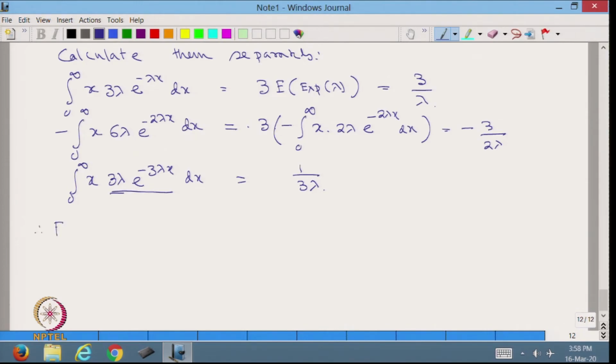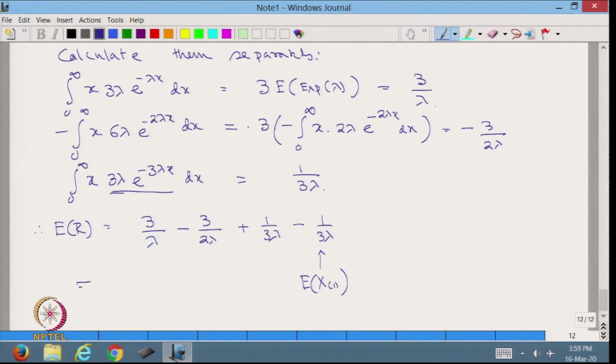Therefore, expected value of range is equal to 3 by lambda minus 3 by 2 lambda plus 1 by 3 lambda, minus 1 by 3 lambda coming from expected value of x 1.